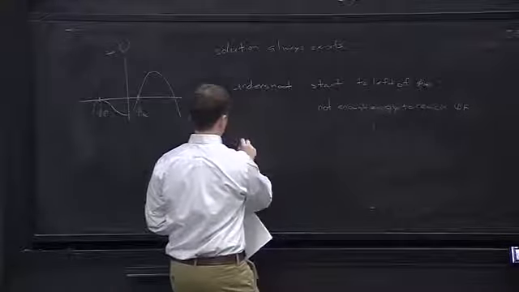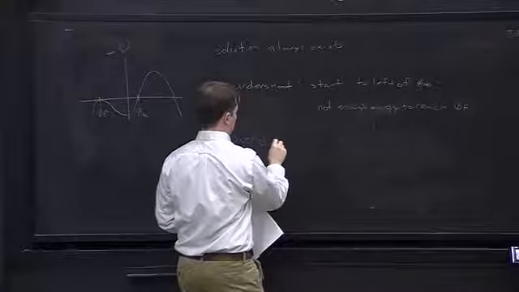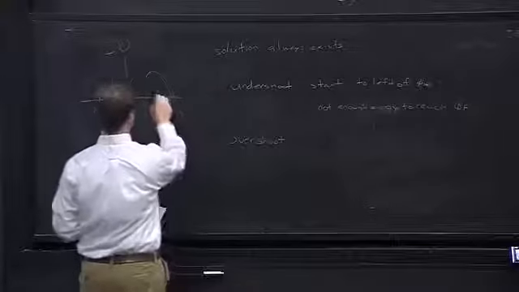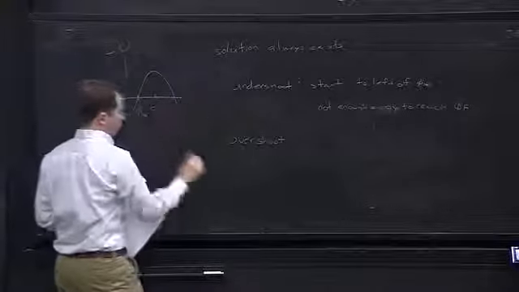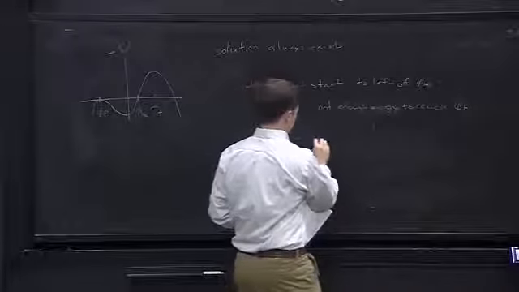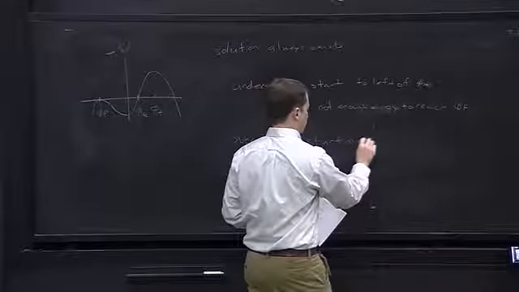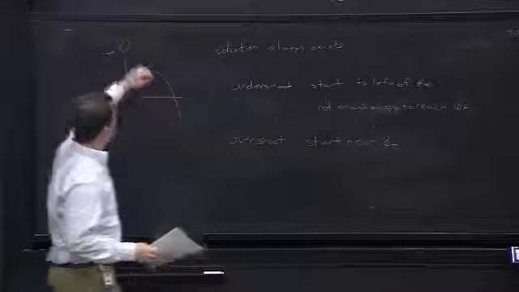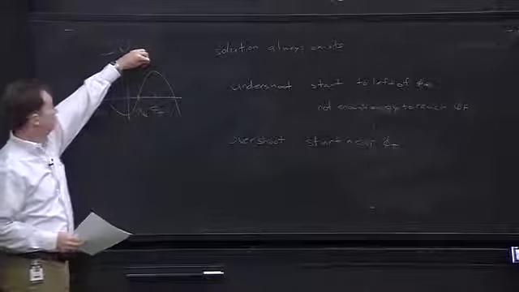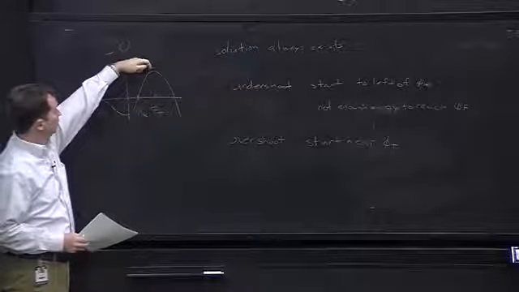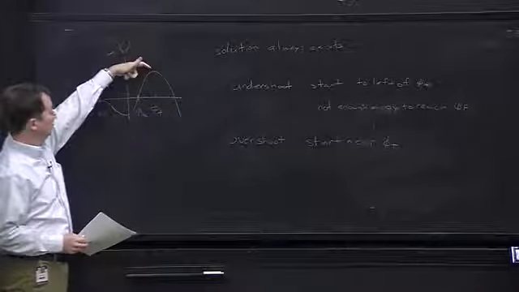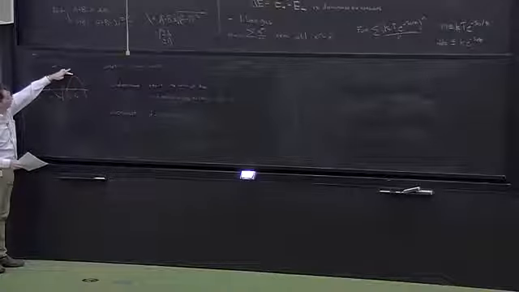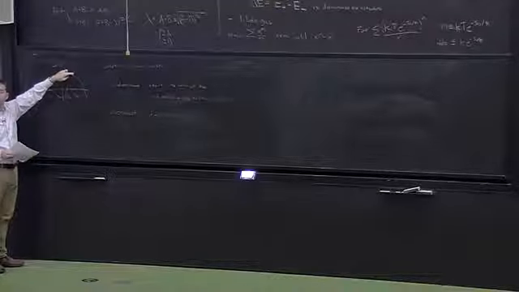There's also an overshooting solution. So here's phi t. If we start very close to phi t, the slope is 0 at phi t, so we can make the slope as small as we like and stay there for an arbitrarily long time.